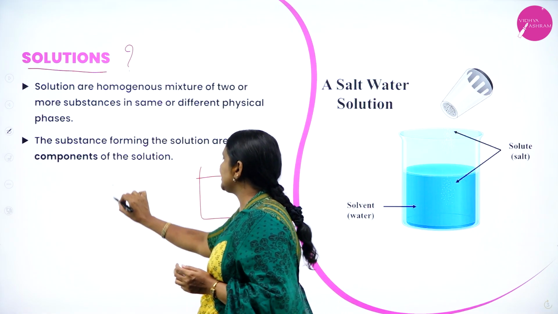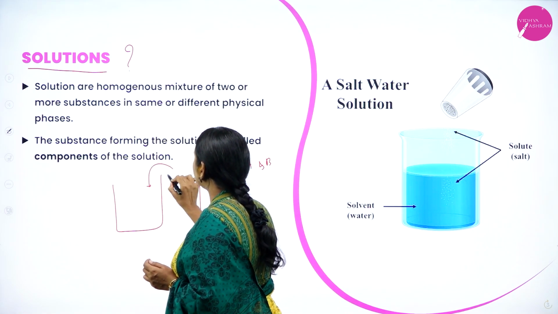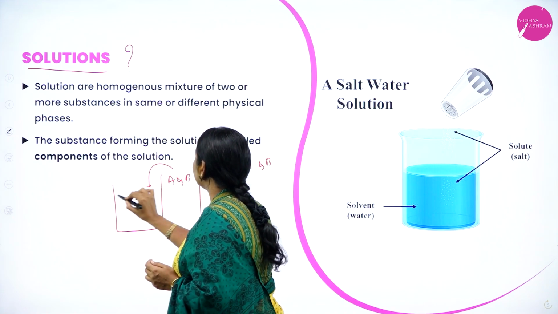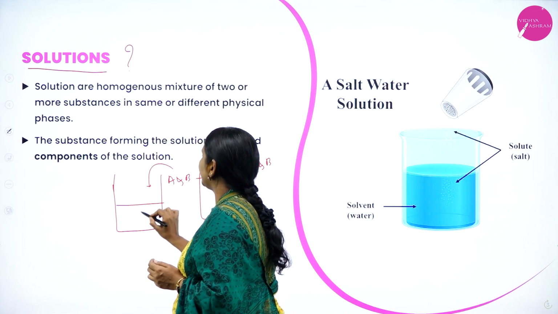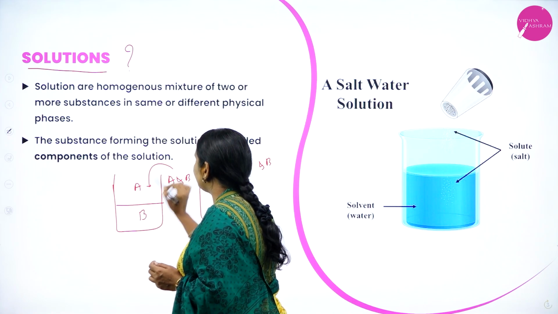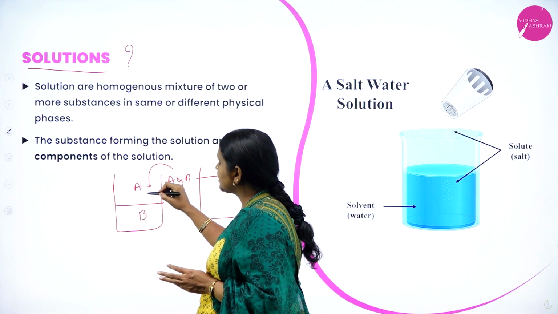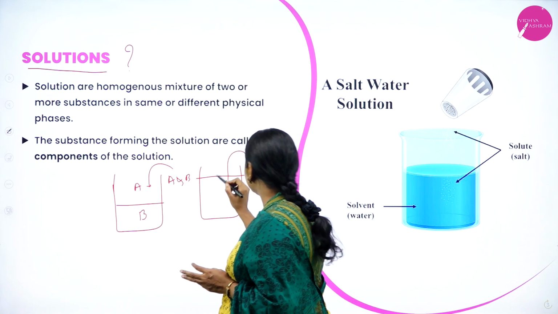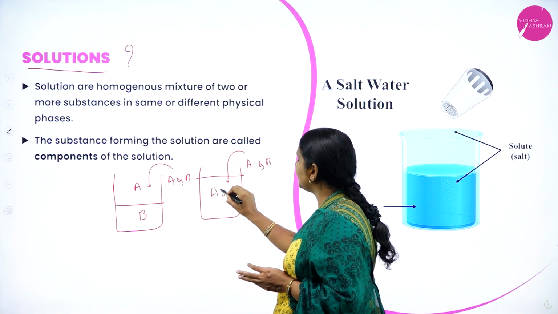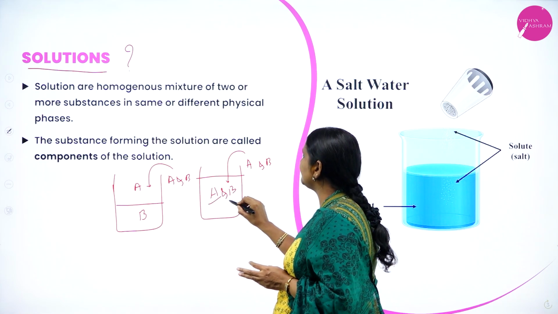But in heterogeneous mixtures, when you add two components A and B, A forms one phase and B forms another phase. There you can find the components present in the mixture. Here it is not possible to identify which is A and which is B.